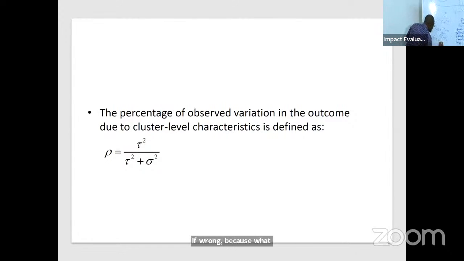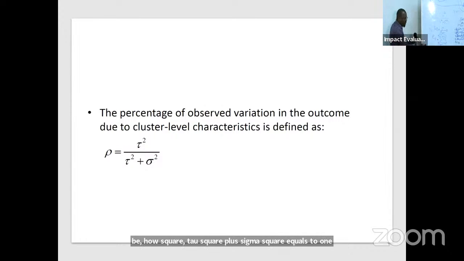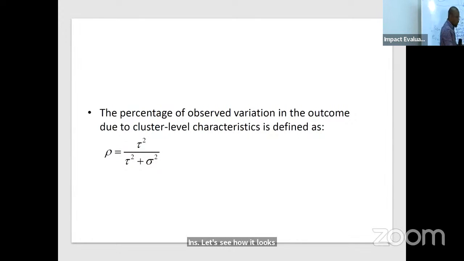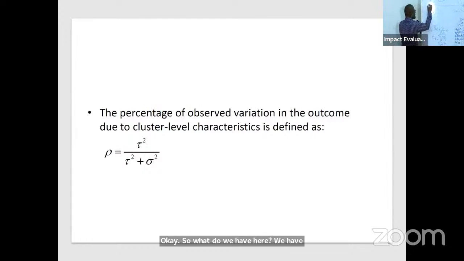Mathematically, this would be tau square over tau square plus sigma square equals 1. I'm going to simplify this. Let's see how it looks. We have tau square equals tau square plus sigma square, right?